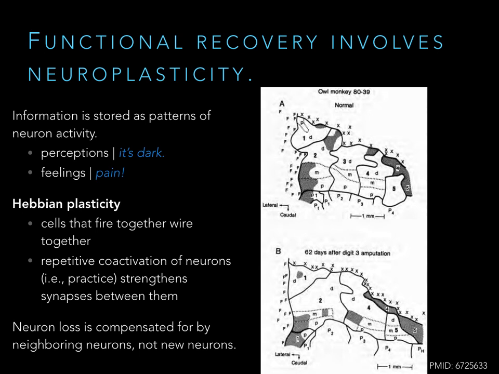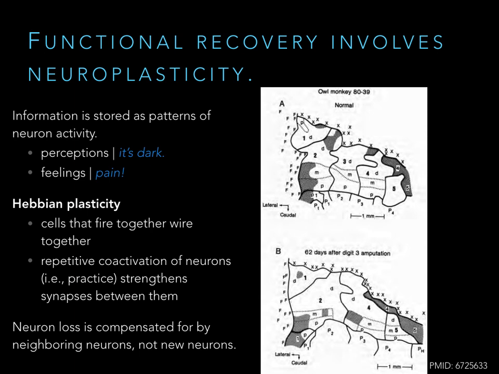So on the top, panel A, we can see there's an orderly arrangement of cortical neurons that map to digit 1, then 2, then 3, then 4, then 5. So this is just essentially the surface of the cortex, and they're showing you which neurons are corresponding to which digit. When you cut off the third digit, those neurons don't die. They just modify which digit they map to.